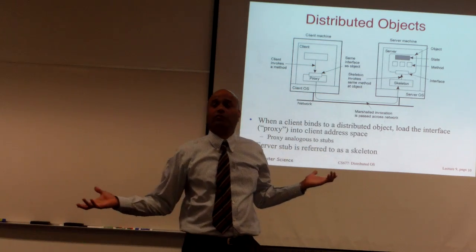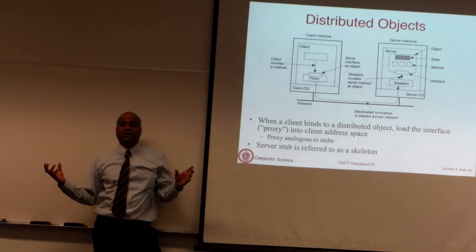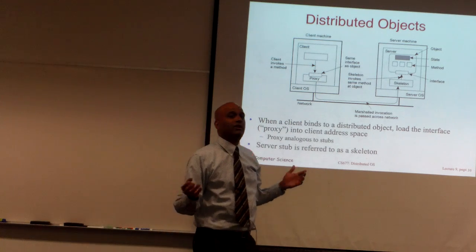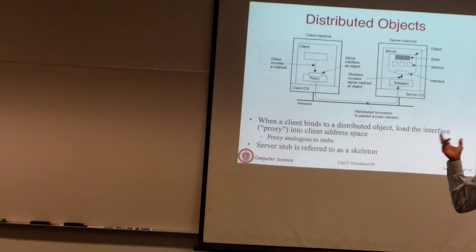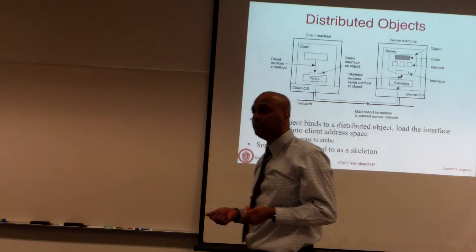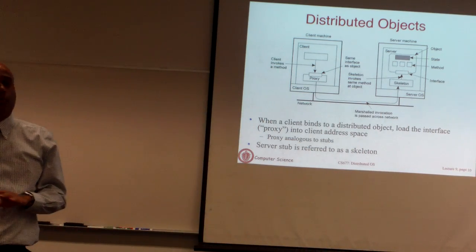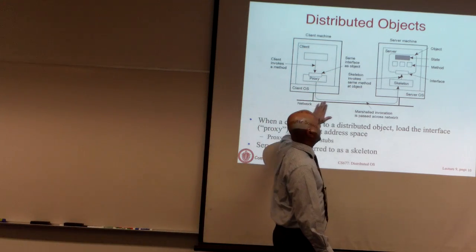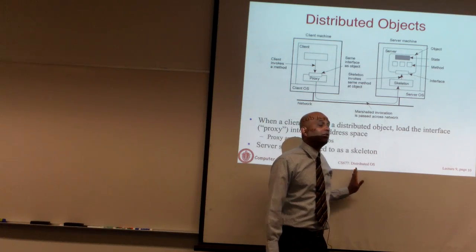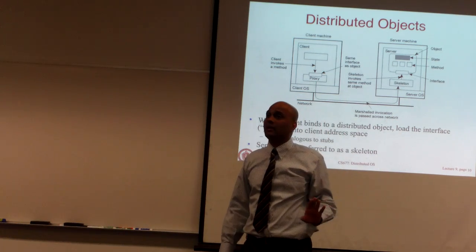Now when you write your object-oriented code, you have to always decide whether something is local or remote. This one shows 2 processes, but you don't have to have 2. You can have n processes. Each process can invoke methods on objects that are present in other processes, and they will all be handled using RMI calls. Like before, the programmer does not have to deal with constructing a message and sending it over. That's taken care of for you automatically by the runtime system.